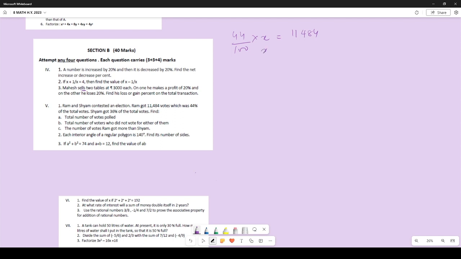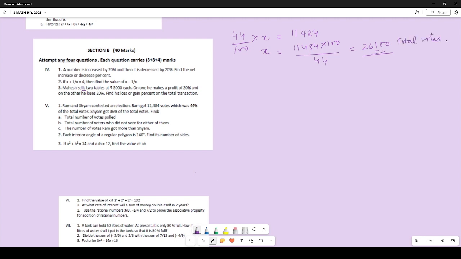So when we calculate the total number of votes, we get 11,484 into 100 by 44, and the number that we get over here is 26100. That means this is the total number of votes polled.